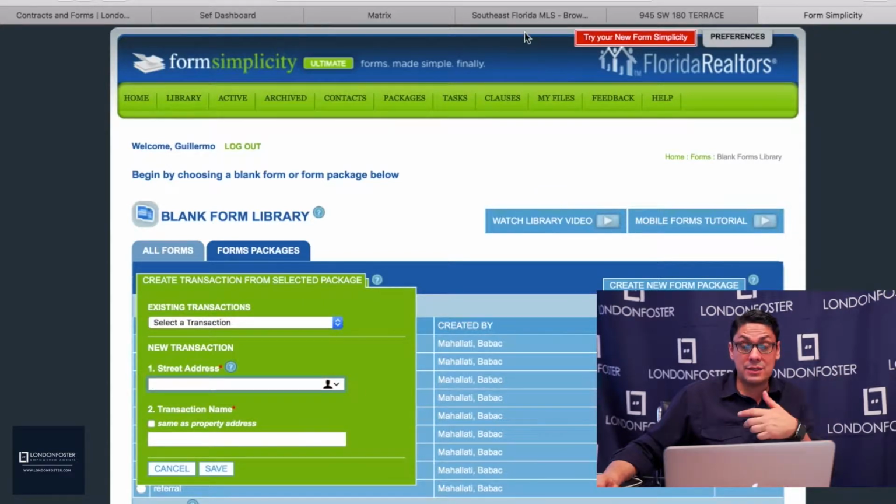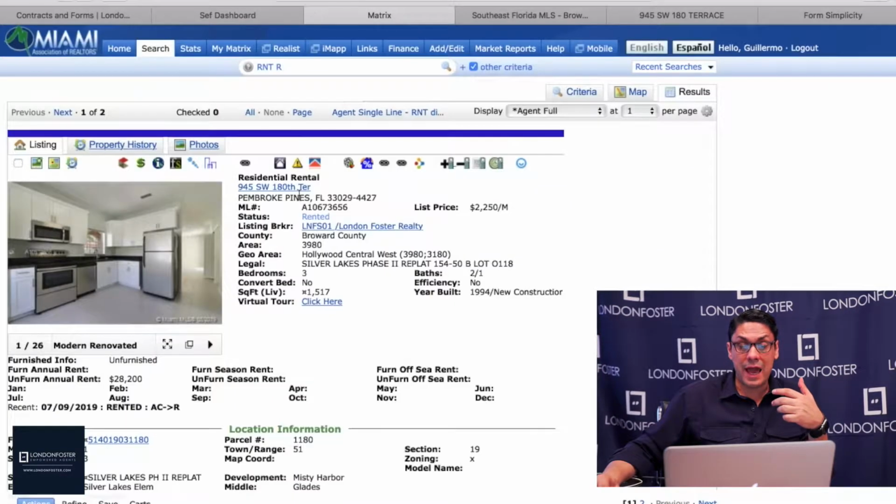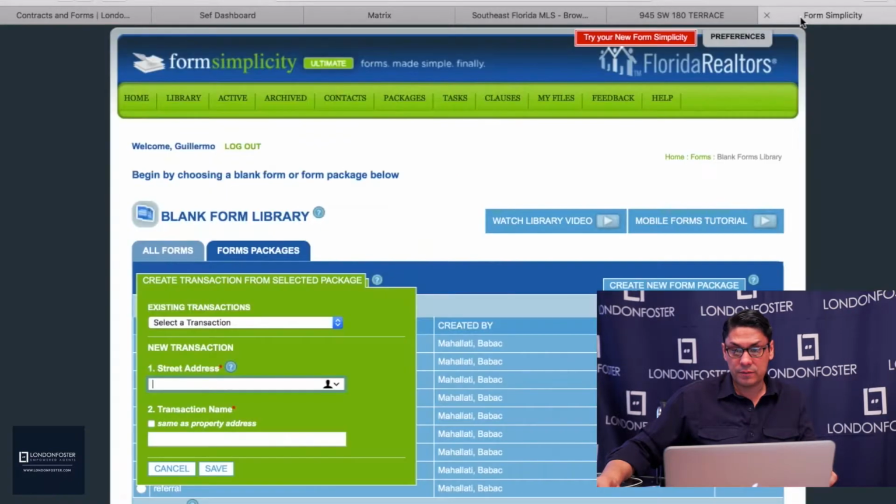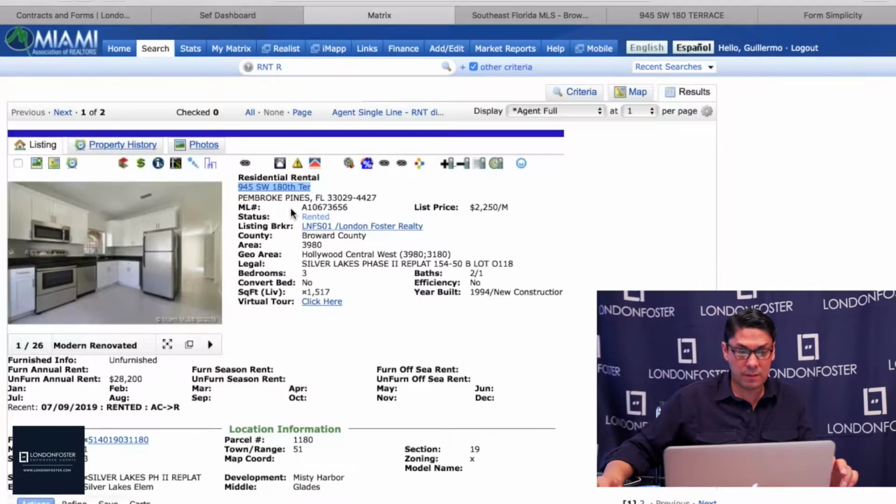So obviously I could sit here and rewrite the address, but I'm lazy, so I'm going to go back into Matrix and I'm going to copy the address. I'm going to paste it. Let's try that one more time.